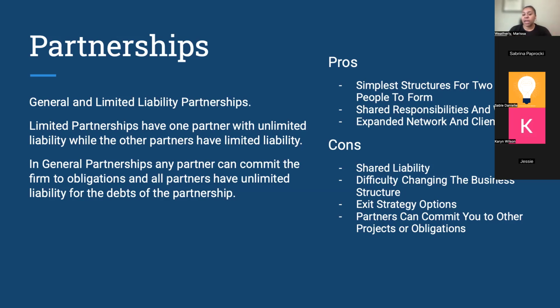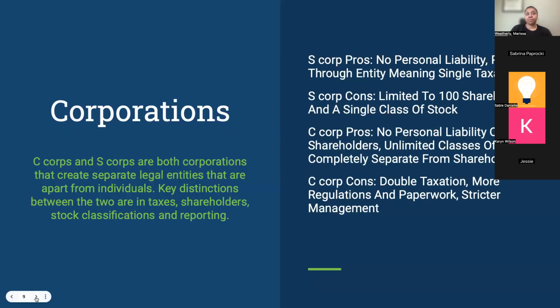They're not obligated to agree with what you want, so that could create some issues. And then also, exit strategy options are difficult if you want to get out of the partnership. Depending on how your structure is set up and your documents, it's going to be a lot more difficult to do so.